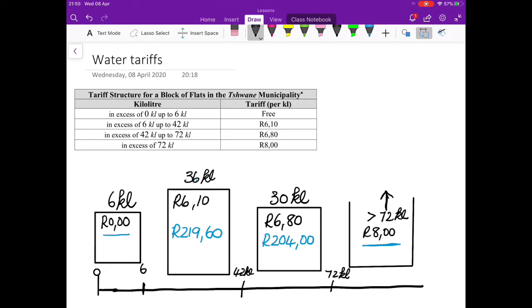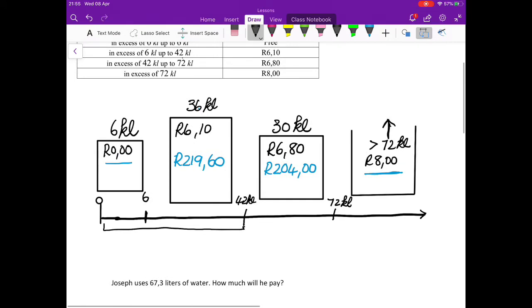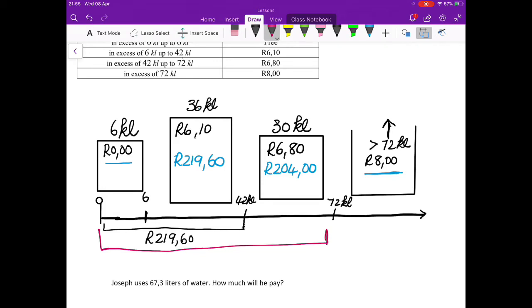And then obviously, what is greater than that we have to work out. So the cost for the water in that bucket is going to be 219 Rand and 60 cents.